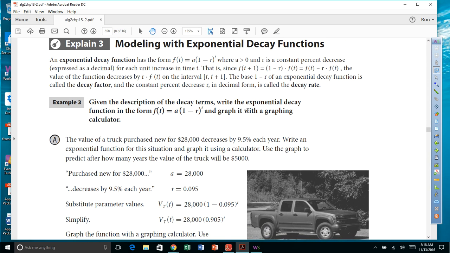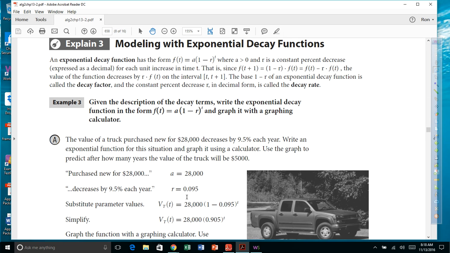Modeling with exponential decay functions. An exponential decay function has the form f of t equals a times 1 minus r to the t power, where a is greater than 0 and r is a constant percent decrease expressed as a decimal for each unit increase in time t.